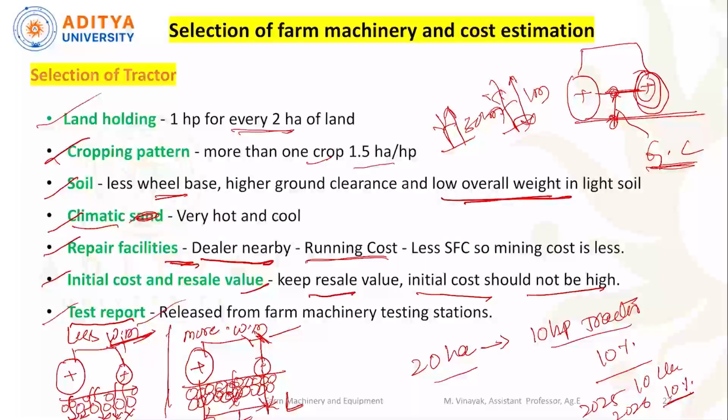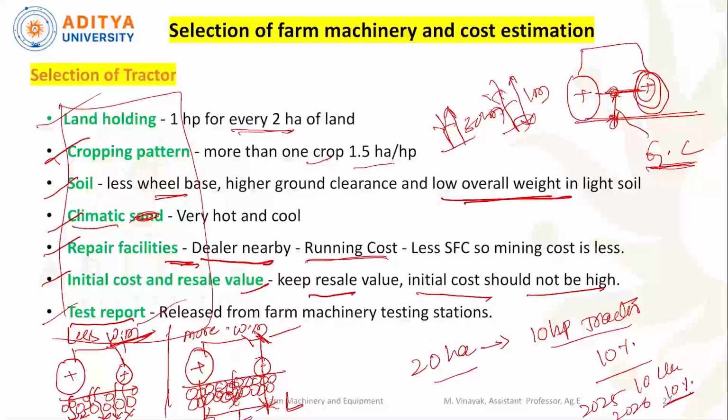The test report follows the ISO and BIS standards. Each and every farmer should know these parameters before selecting any farm machine: how much land holding the farmer has, what type of crop they are growing, what type of soil they have, and the climatic condition of the particular area.